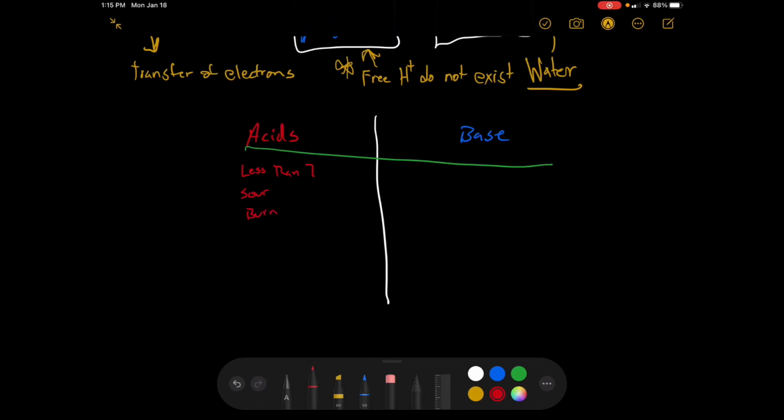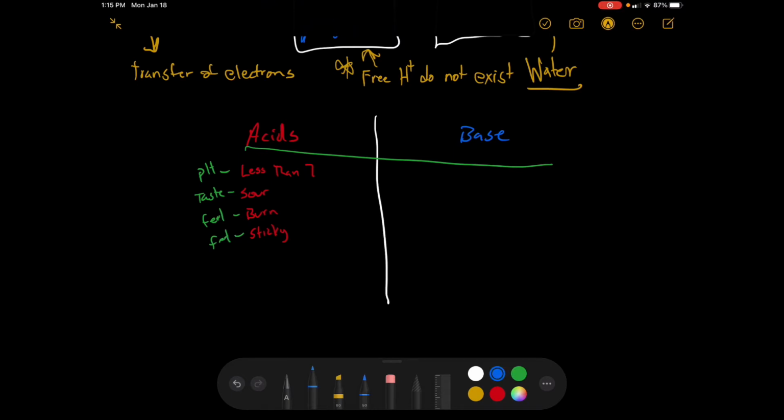They burn, and they are usually sticky. Bases have, and let me put pH out here. pH. We'll talk about that in just a minute. And then they taste. Then they feel sticky.